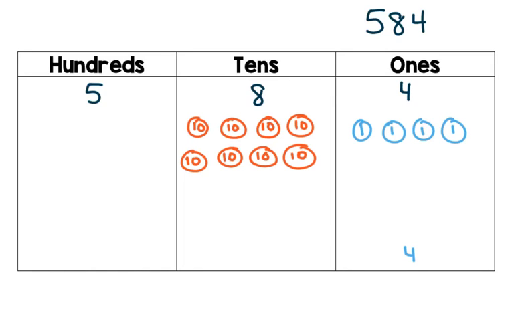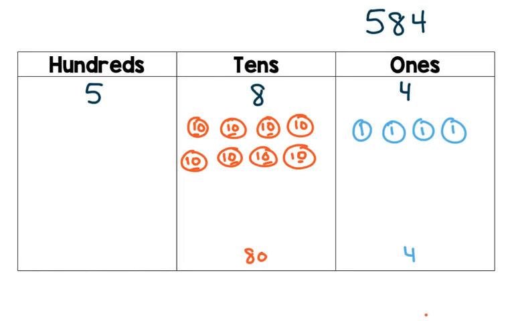Now I can count all 8 of those tens and figure out the value of the 8. So 10, 20, 30, 40, 50, 60, 70, 80. So that 8 is worth 80.